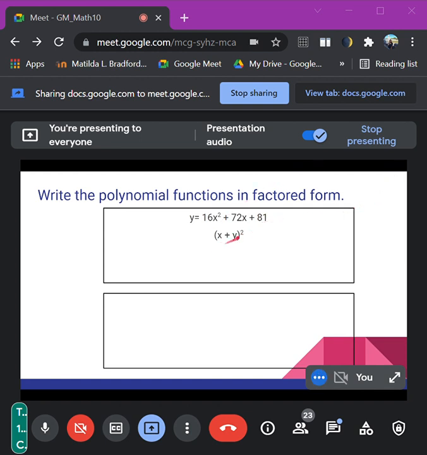So you have there x plus y or x plus y times x plus y. That is the result if we factor it.